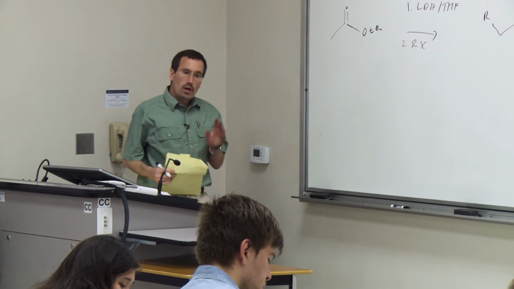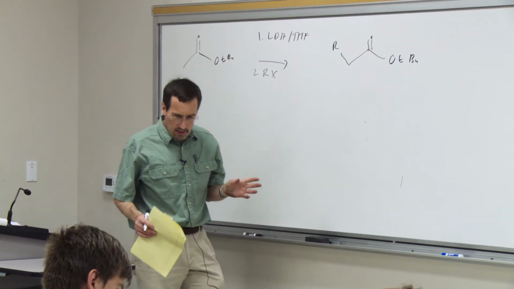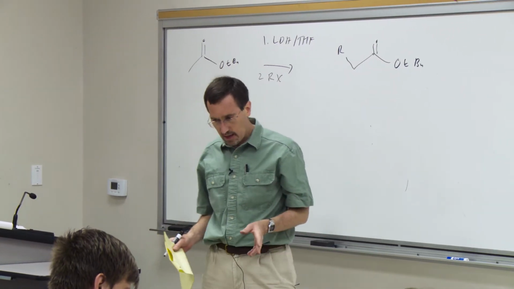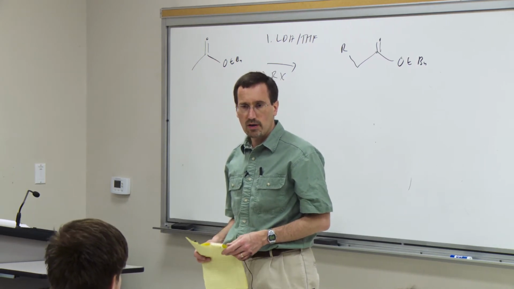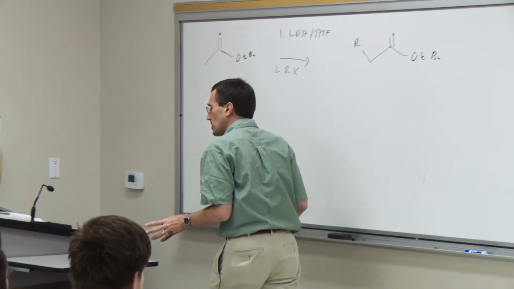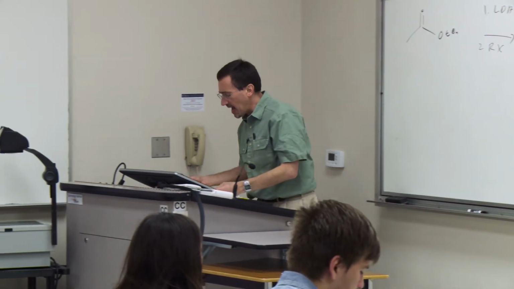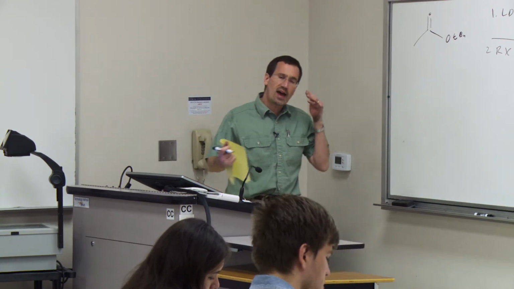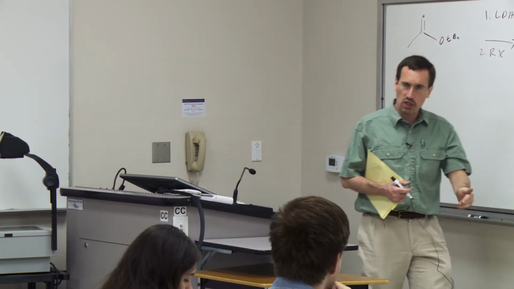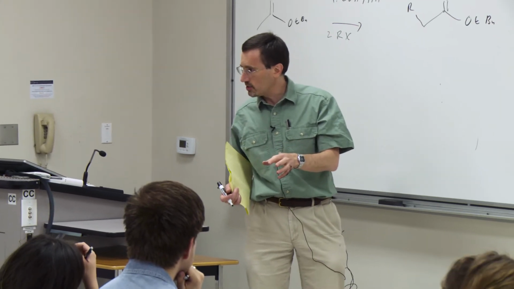Now, in chapter, what was it, 4? I think we talked about the Hammond postulate. Was it chapter 4? So the Hammond postulate was presented as an abstract idea. The abstract idea was that if you have a very downhill, thermodynamically downhill reaction, you have an early transition state.